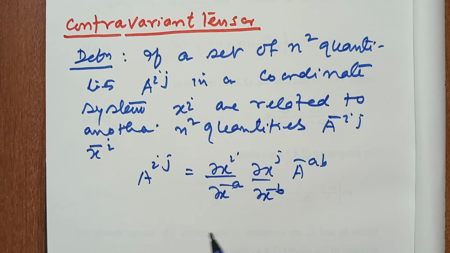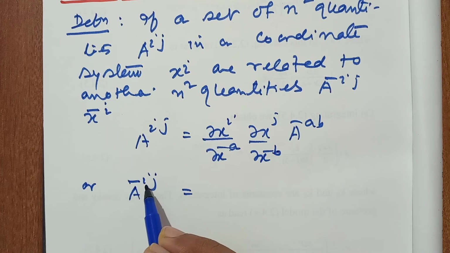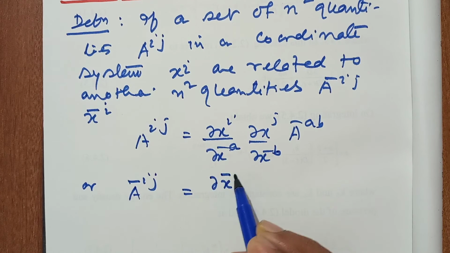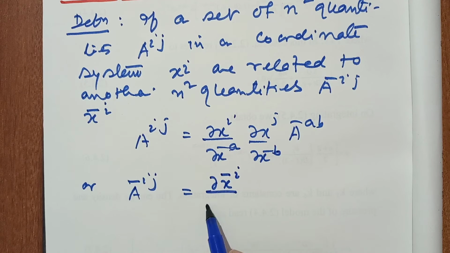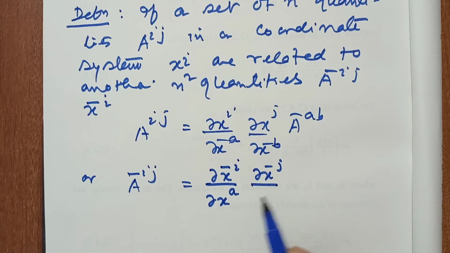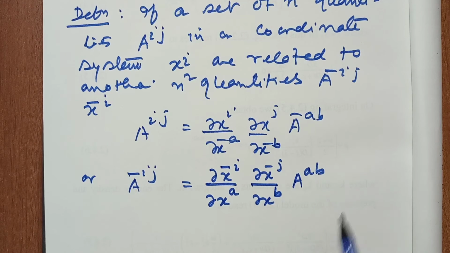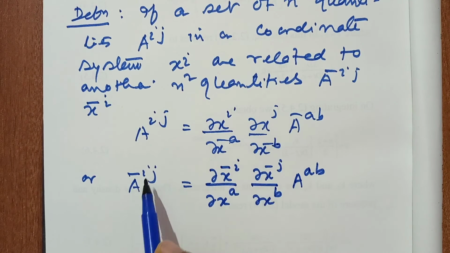Also, going from bar to non-bar: A bar^ij is equal to, since on the left hand side i is in bar position, first you put del x bar^i upon del x^a, and j is bar, so del x bar^j upon del x^b, A^ab.